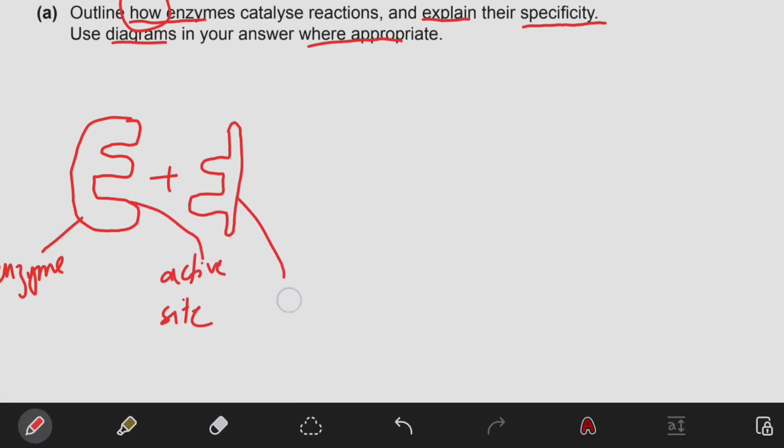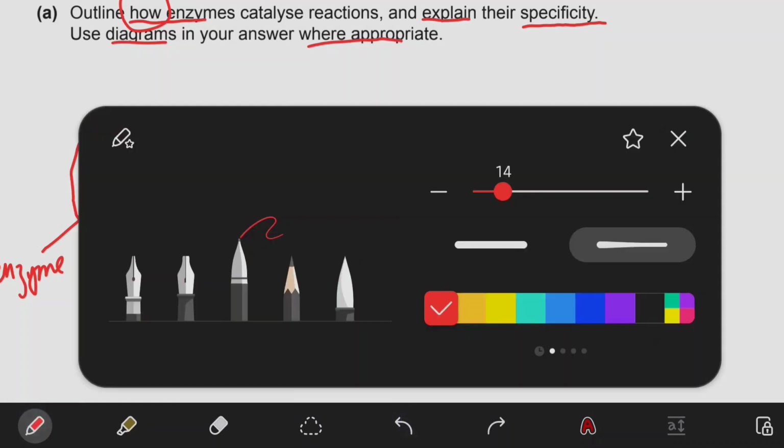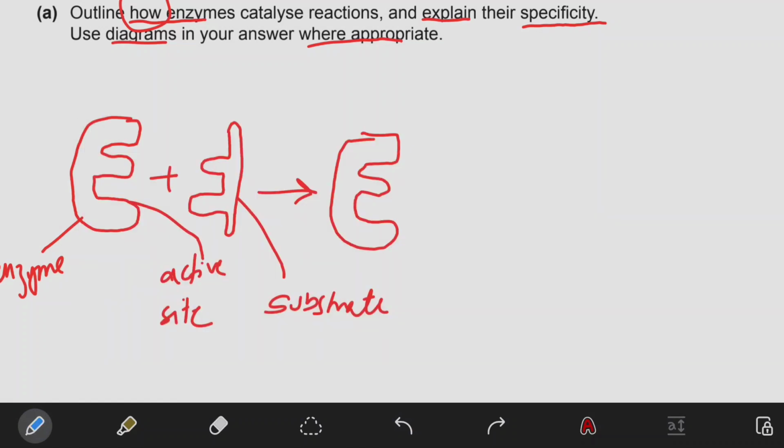And this is our substrate. Next step would be to show them binding. Let me draw it with another color. And then show that the products are released.